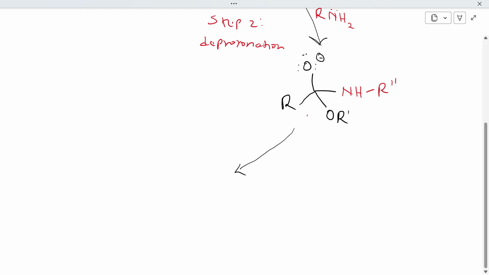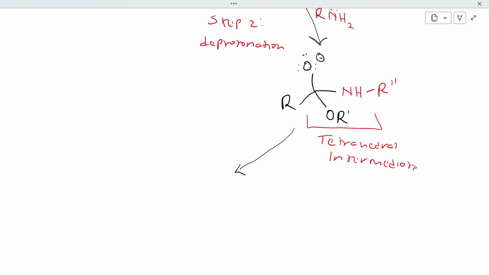If you look at it keenly, realize that this substance is a tetrahedral intermediate. So it can reorganize itself and expel OR, this one here. Let us see how that is going to happen. A lone pair of electrons is going to be brought here to form a double bond, and by that, OR will be expelled out.